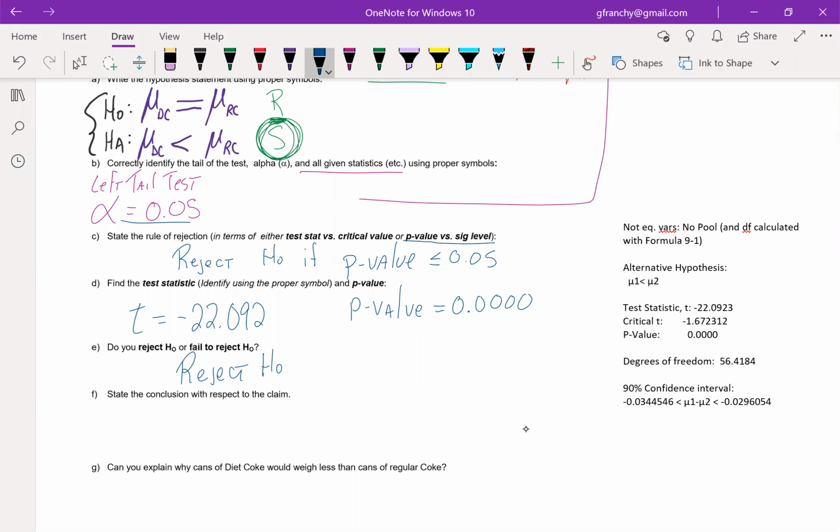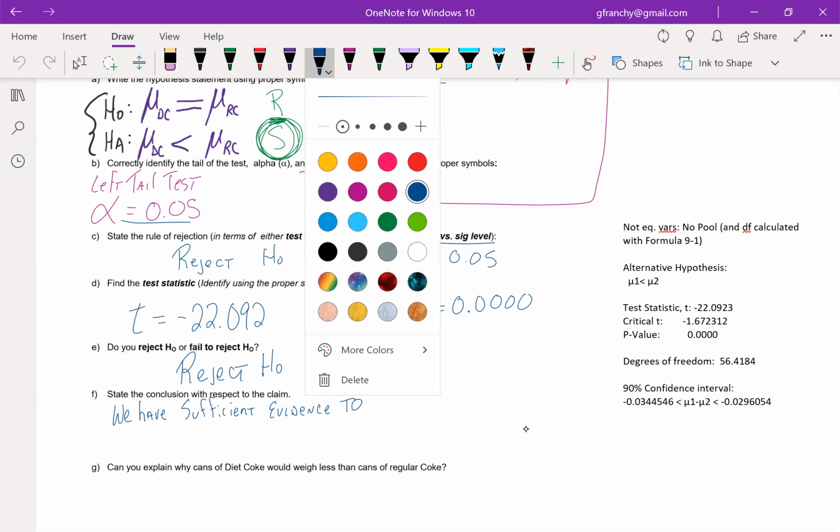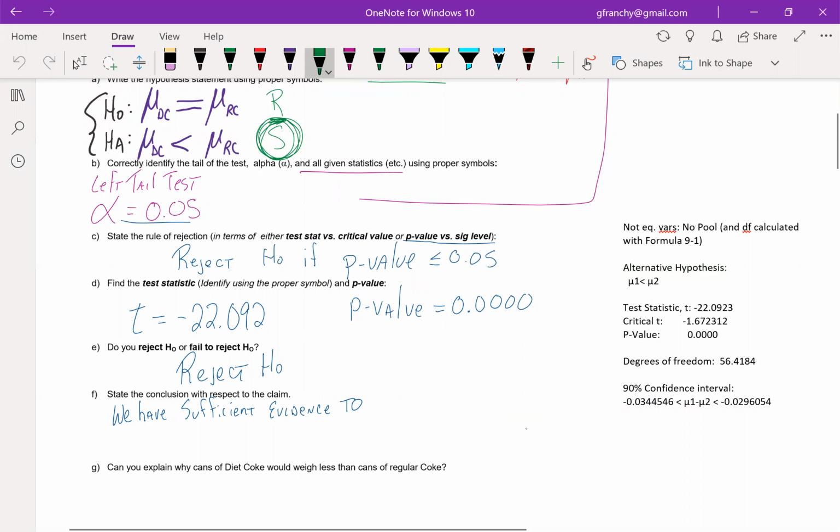And when we reject the null hypothesis, that is when we have sufficient evidence to, oh, why are you gonna, okay, let's just do this then.